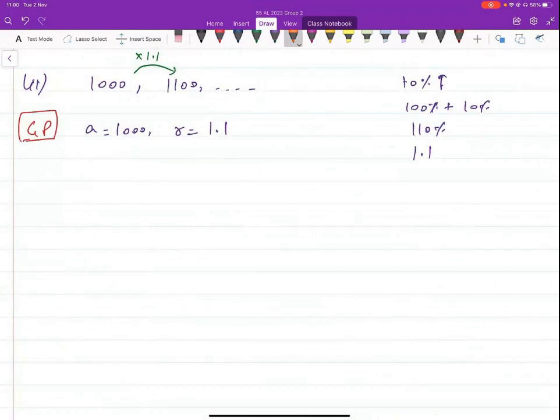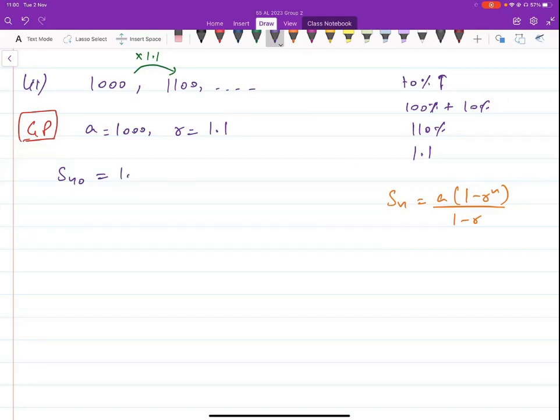How do you find the sum of the prize money for 40 days? It's a GP now. We know that the sum of a GP is given by A into 1 minus R raised to power n over 1 minus R. We just input values there. We're looking for a sum of 40 terms. A is 1000. R is 1.1. N is 40. And that's it. What do we get? 442,592.55.